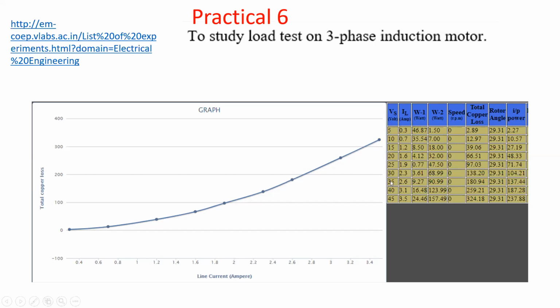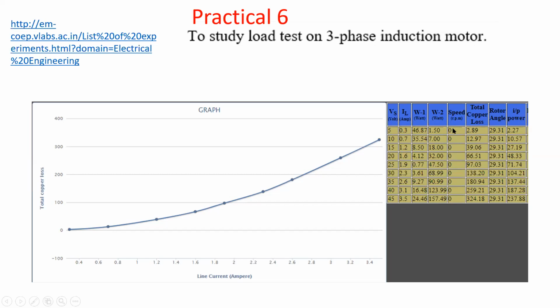you can note down the readings at various voltages, and for those corresponding voltages you can take the readings of the current meter, wattmeter 1, wattmeter 2, and speed also you can observe.